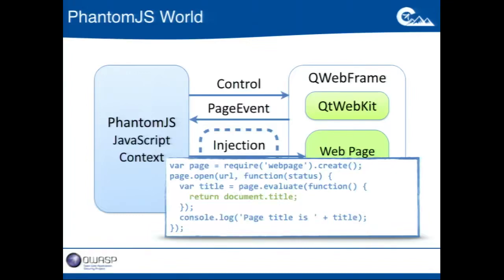After the page is opened, you can evaluate some functions on the page. Note that page.evaluate will serialize the given function into a string and send it into the page, evaluate the string as a function, then send back the result, which is also serialized.